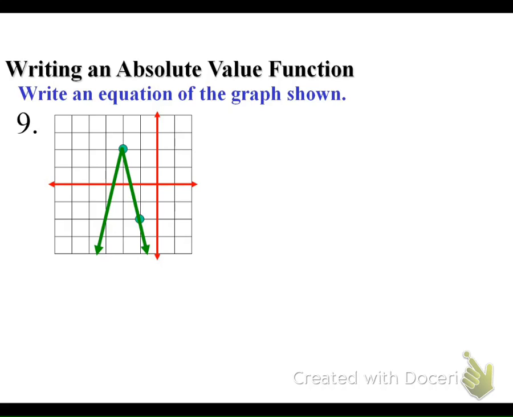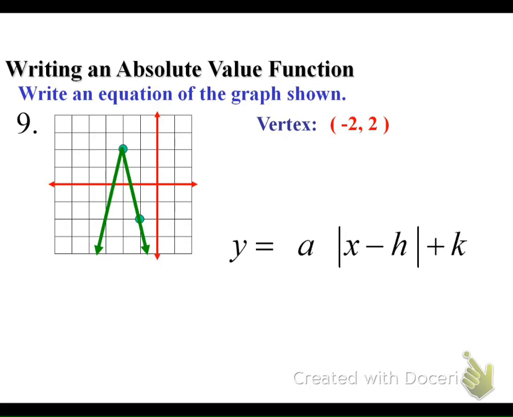Number 9 is the last example of the day. Start with your vertex. Where's the vertex? Yep, -2, 2. We are, of course, in this form, same form we've been using all day. Now, what's going to happen with H here when I plug in -2? Yeah, it's going to be x plus 2. And then plus 2 on the end.